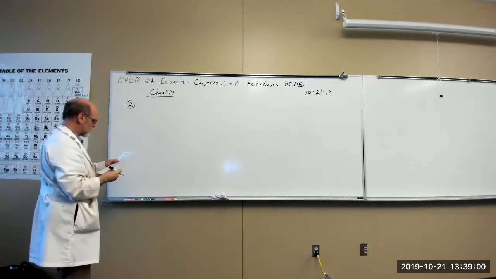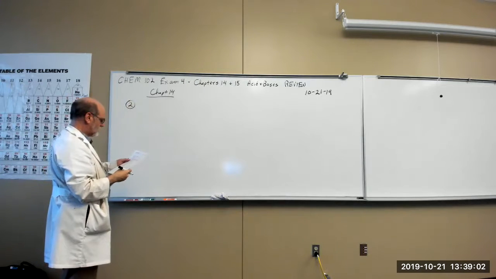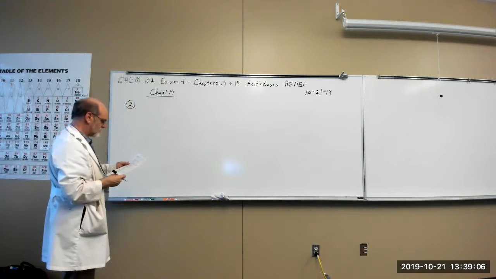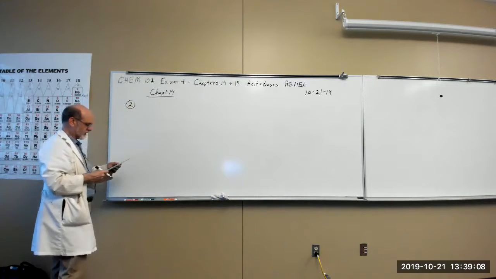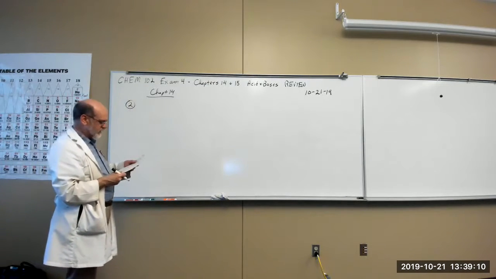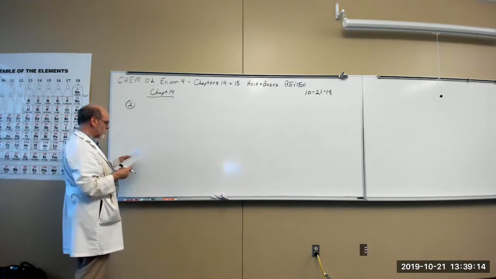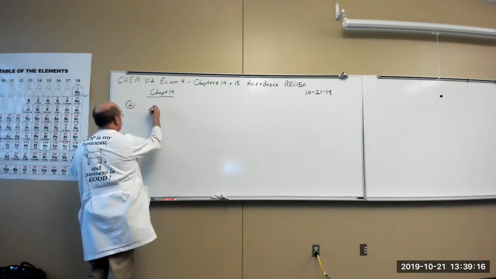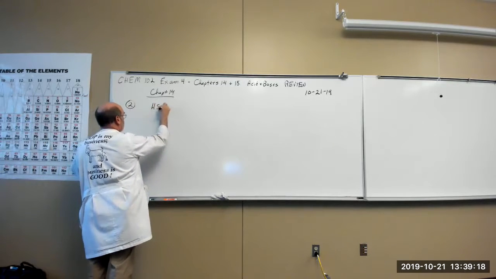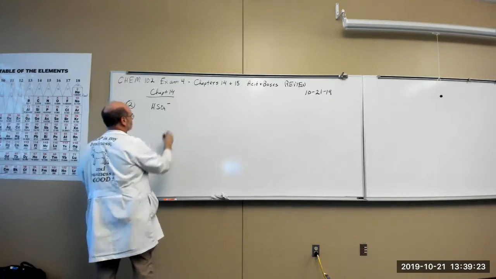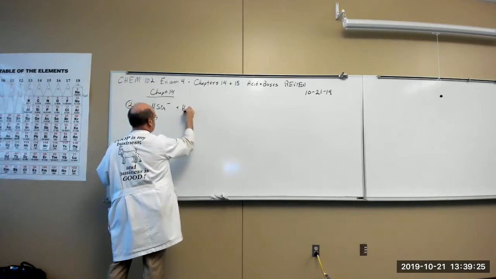Which one of these reactions, hydrogen sulfate or bisulfate, which is another name for hydrogen sulfate, can act as either an acid or a base in water solution? In which of the following equations does HSO4 minus act as an acid? All right.